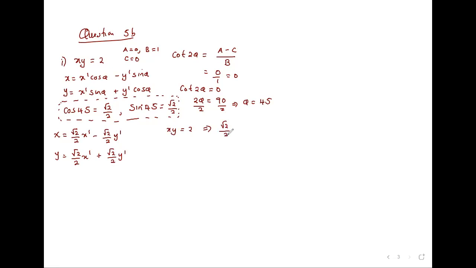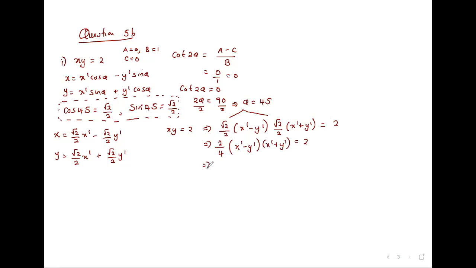These guys can be factored out, so we just have (x prime minus y prime) multiplied by root 2 over 2, and again factor out, (x prime plus y prime) is equal to 2. Root 2 by root 2, if you multiply these, we get 2 over 4. Then we have (x prime minus y prime)(x prime plus y prime) is equal to 2.